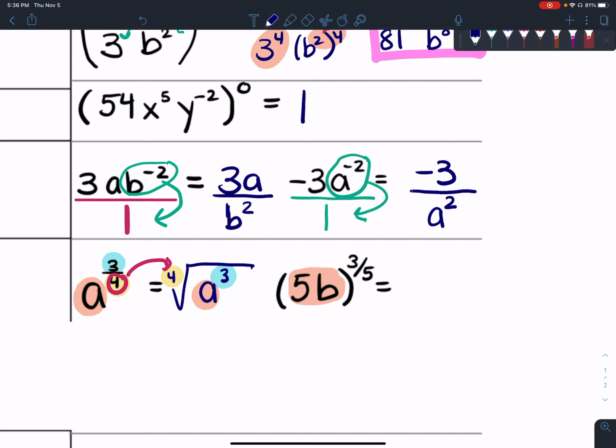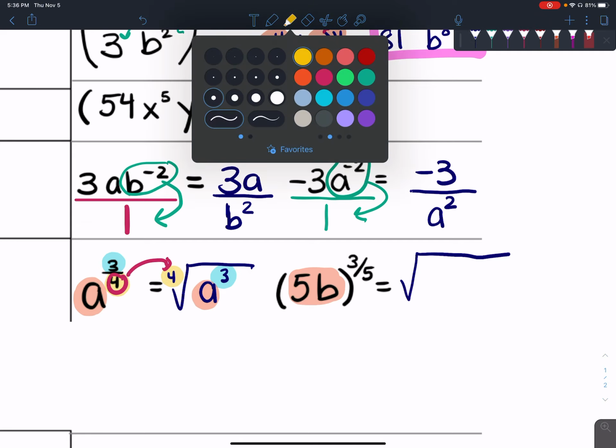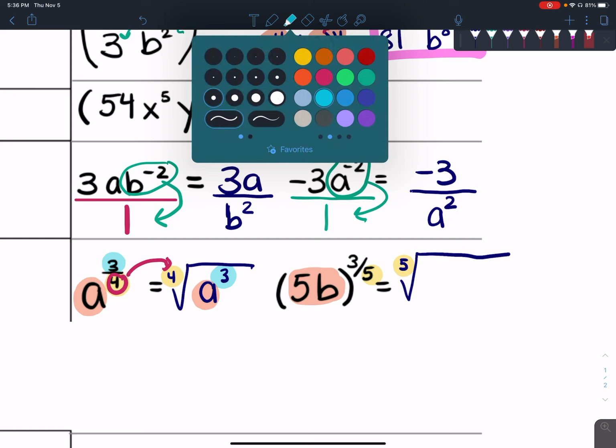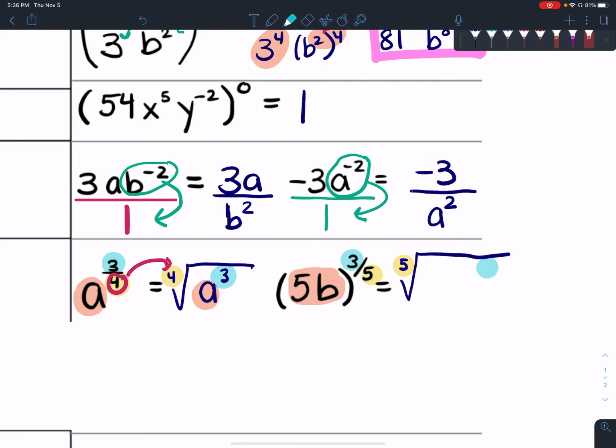Since we have a fractional exponent, I'm going to set that up with my radical sign. I'm going to take my denominator of 5, I'm going to put that in over here. So that's my 5. I'm going to take my numerator, I'm going to put that in over here. That's my 3. And now I need to take my base, and I'm changing that because I want to highlight everything.